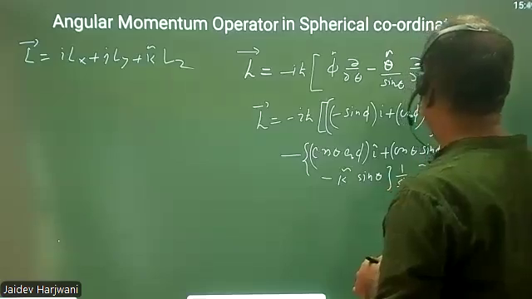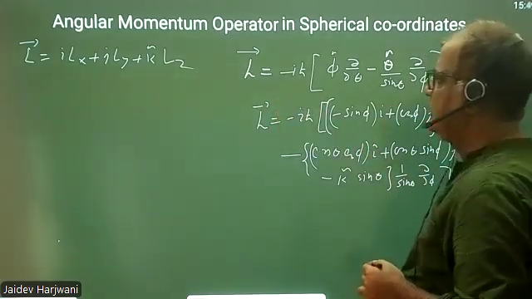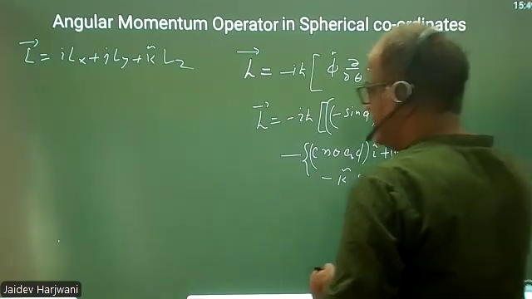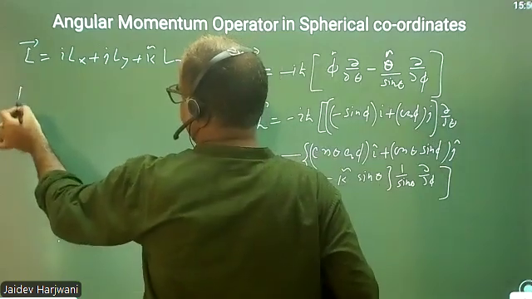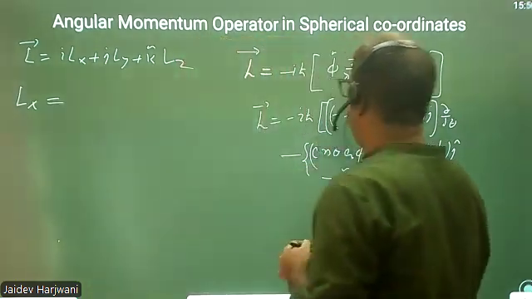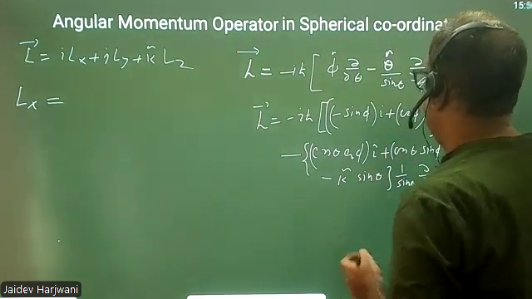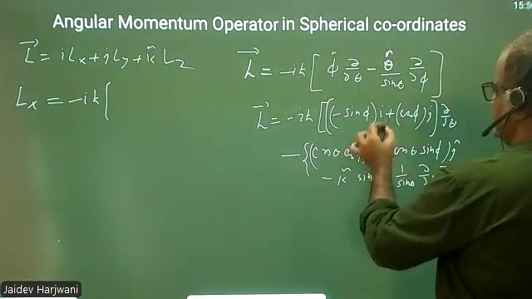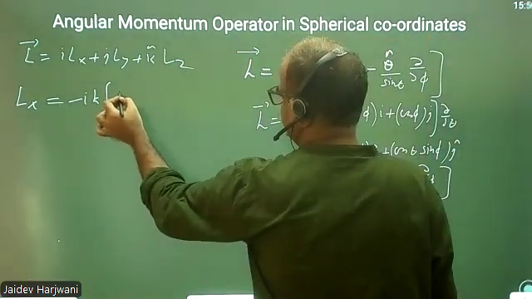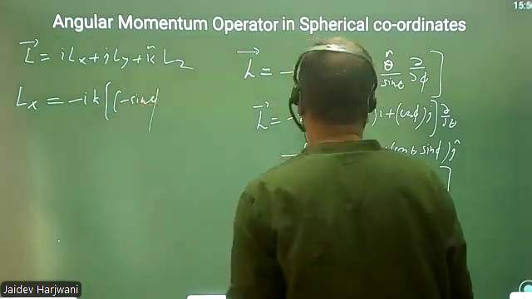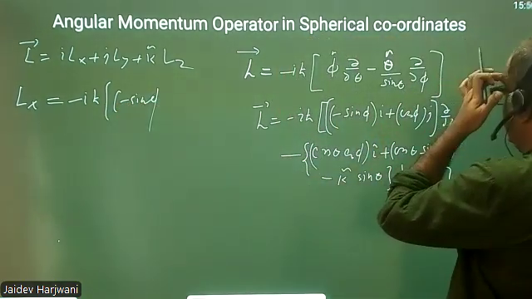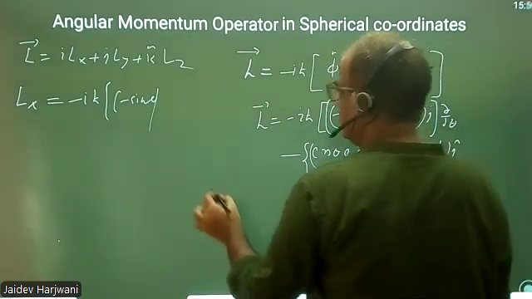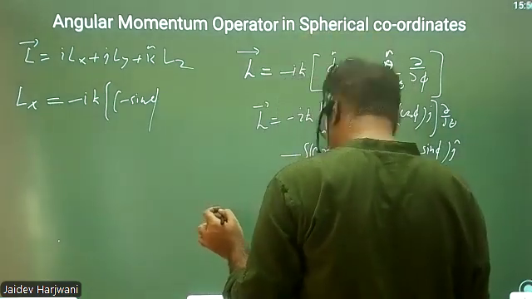So if I take all i terms, I get Lx, j terms give Ly, k terms give Lz. Let me write Lx first. Lx will be minus iota h cut, and then you have minus sin phi del upon del theta.